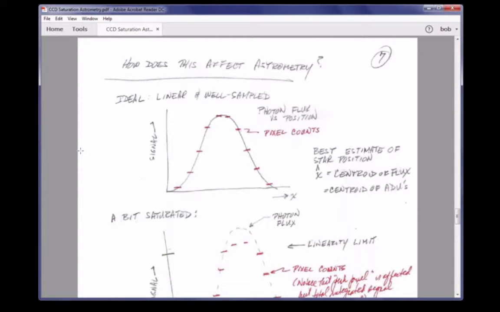But let's talk a little bit about measuring the linearity and the difference between looking at the peak pixel versus the integrated signal.